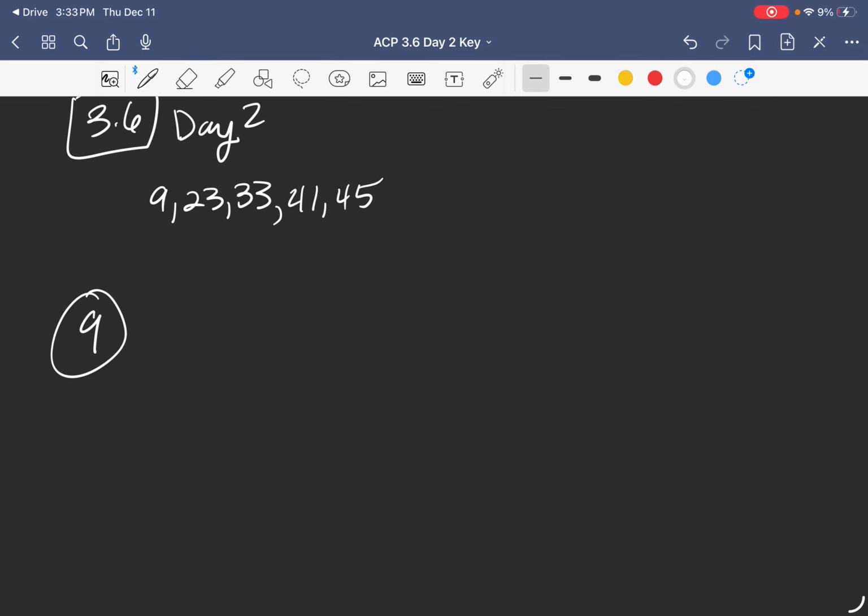So when we look at 9, if g of x is equal to the natural log of xe to the negative 2x, what we have to realize is that the form of this, if you ask me to take the derivative, is the natural log of stuff.